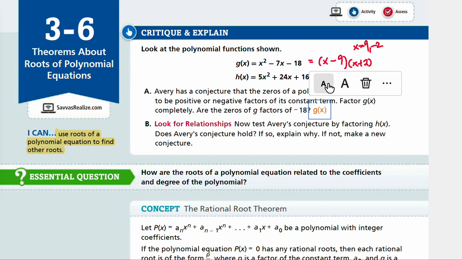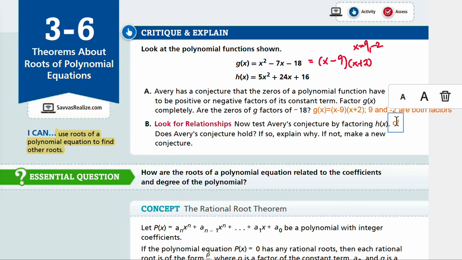Let's first write the factored form: g of x can also be written as x minus 9 times x plus 2. And to answer the last question, 9 and negative 2 are both factors of negative 18.